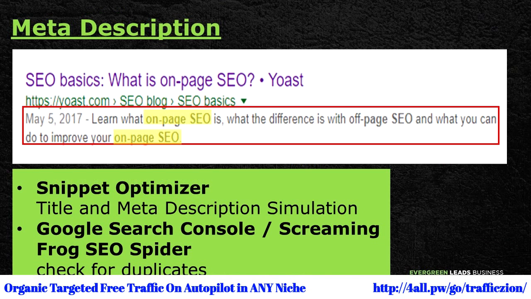Then the next part is the meta description. A meta description is basically a short paragraph of text placed within the code of your web page, doesn't matter whether it's HTML or a WordPress site, and it explains what the page is about in a nutshell. If anyone searches for your web page through Google, this is basically the snippet.